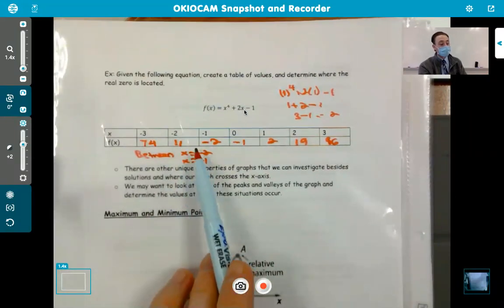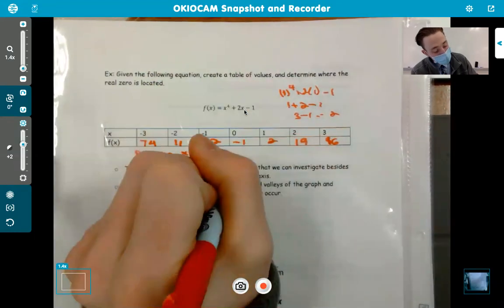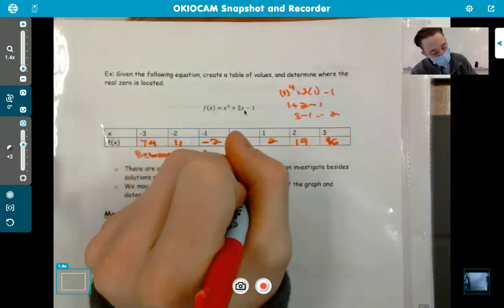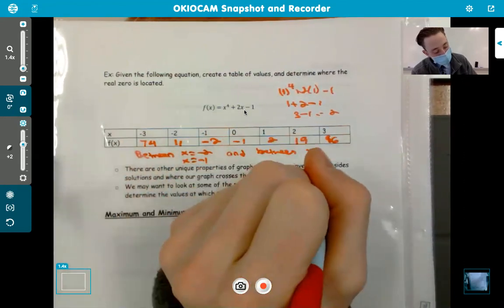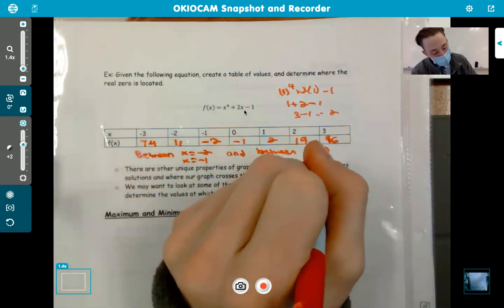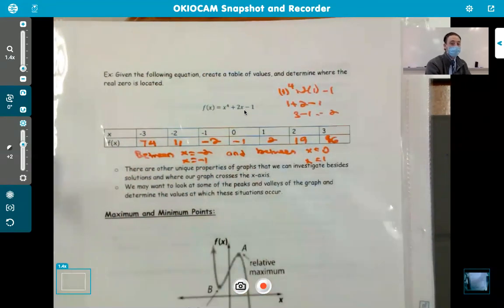So my change from positive to negative allows me to say that it's between those values, and also between, as you said, x equals 0 and x equals 1, because then I go from a negative to a positive again. So I'm crossing back over that x-axis. Okay.